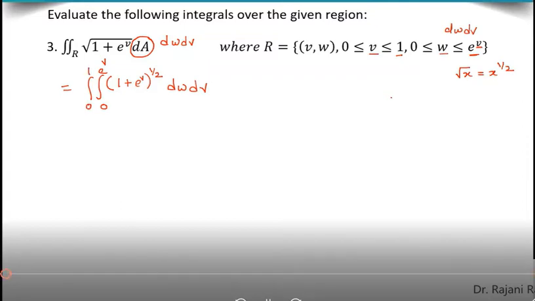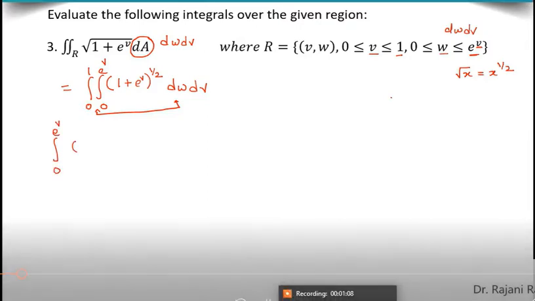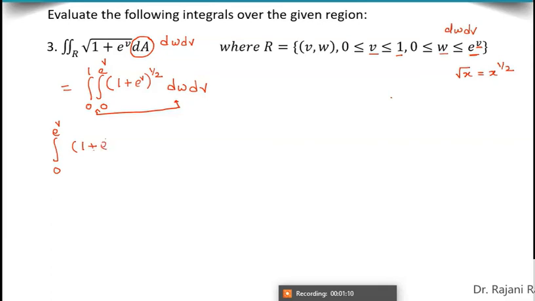Now let's solve this integral, this inner integral with respect to w. So if we write it over here, 0 to e power v, 1 plus e power v and its power half dw. Again, don't get scared by looking at this term e power v and its power half. Just remember the basic concepts.